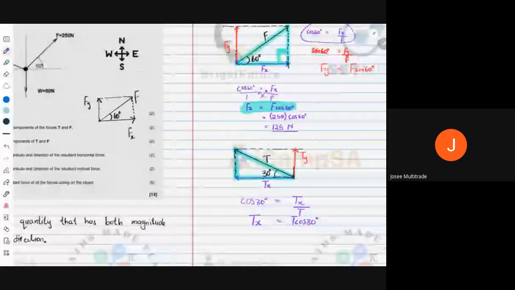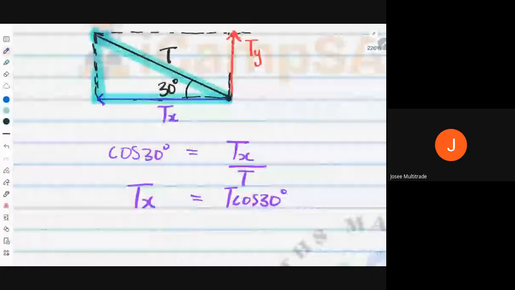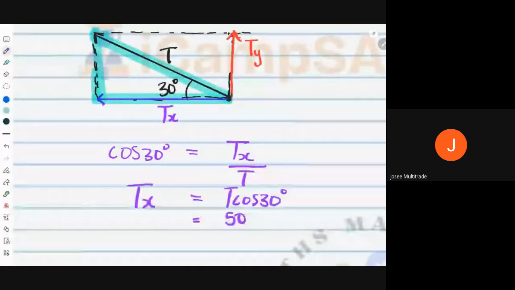From here, we can substitute our value. T is 50, so 50 cos 30 degrees. My degrees sometimes look big, like a 300, but don't worry, it's 30 degrees. 50 cos 30 is 43.30.